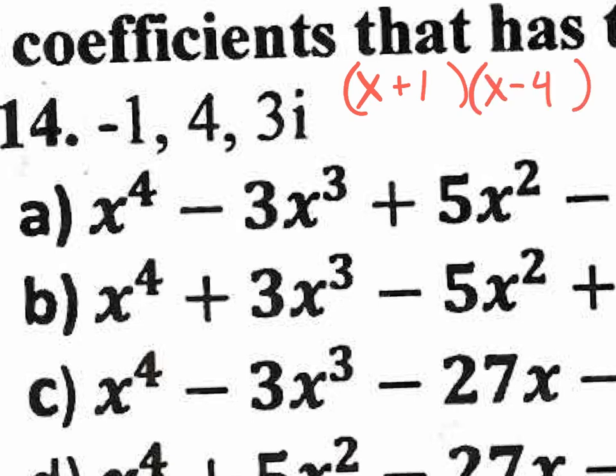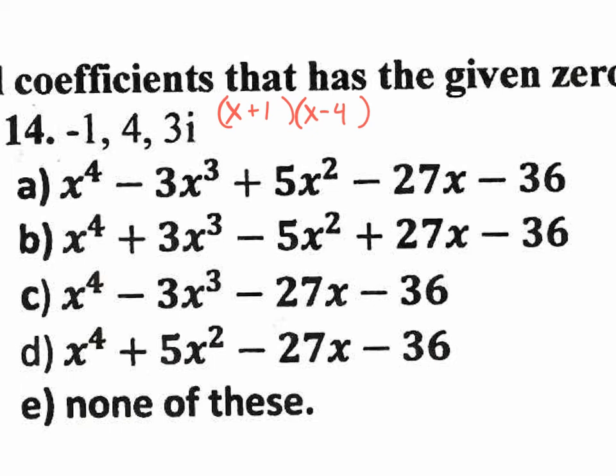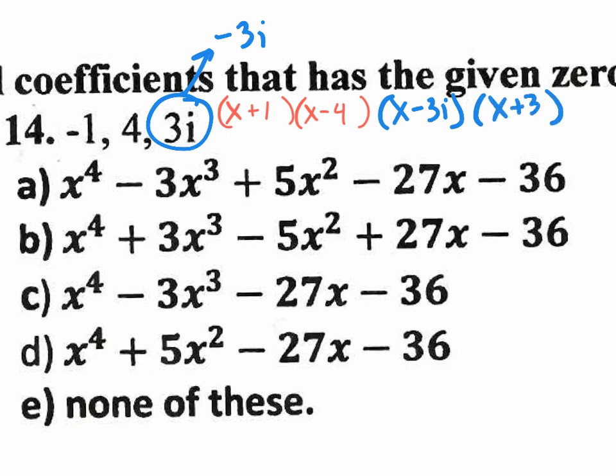X minus 4, right? Okay. Where did the x equals 3i come from? X minus 3i. And we know that if 3i is a solution, so is negative 3i, right? So where did negative 3i come from? X plus 3i.